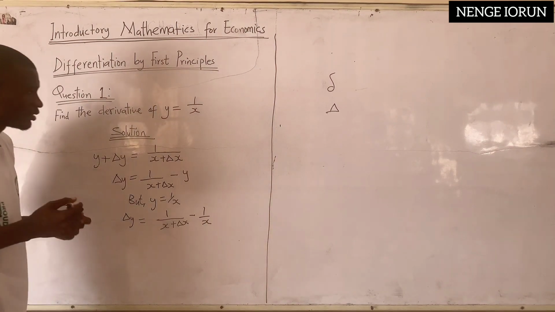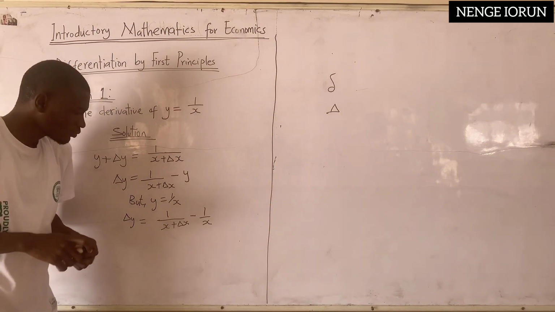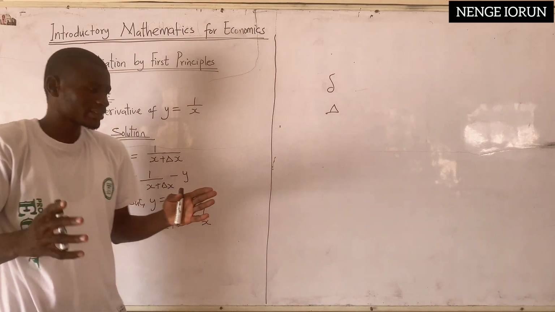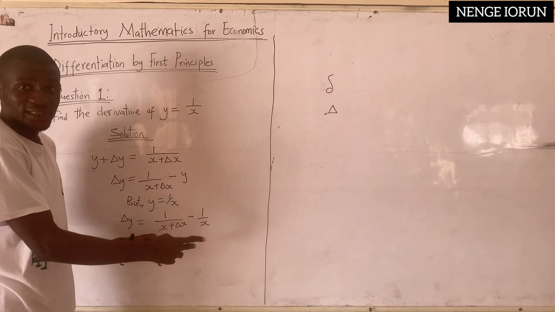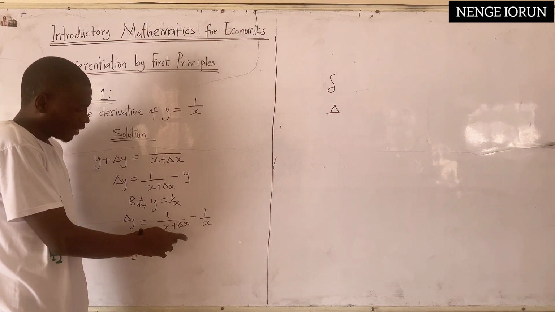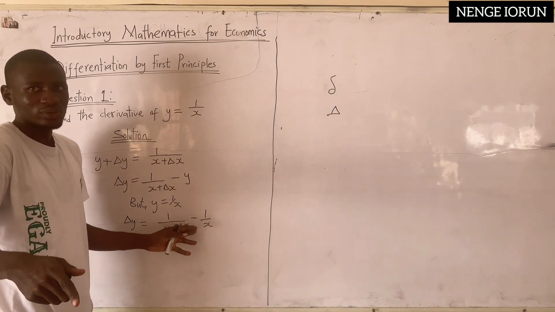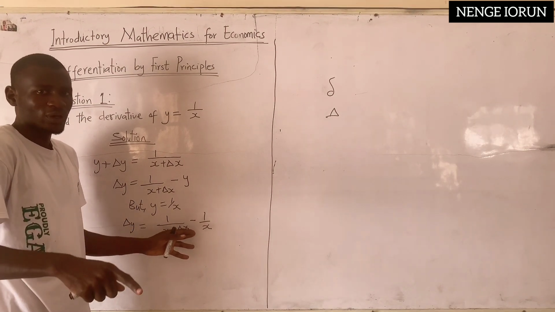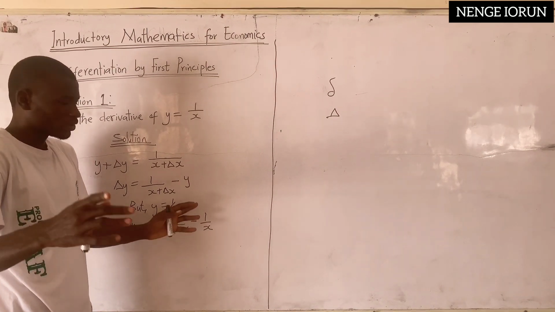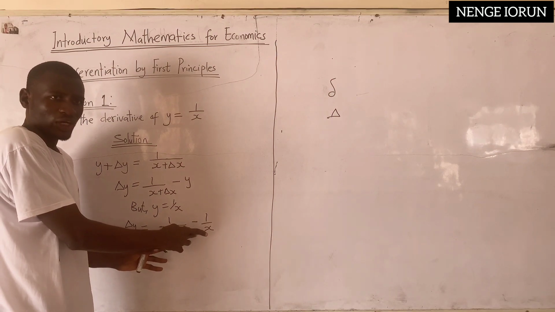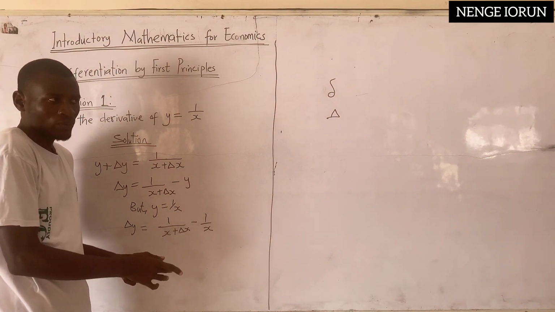So now, if you look at this very well, you discover that the LCM of the denominators here, x plus delta x and x, is x into x plus delta x. So you are going to multiply each and everything here by the lowest common multiple, which is the denominator.